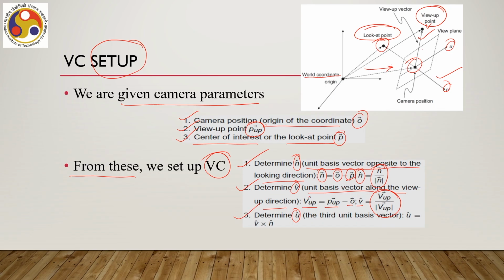Once these two n and v are obtained, remember n is obtained using the origin vector and the look at point, v is obtained using the view up point and the origin point, and once these two are determined, we can determine the third axis and the third unit basis vector u, which simply is a cross product of v and n.